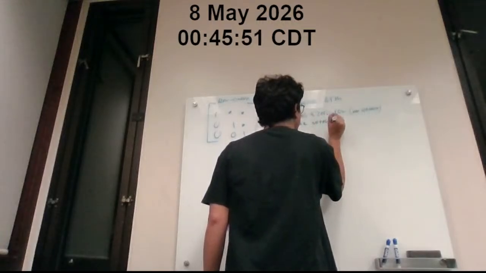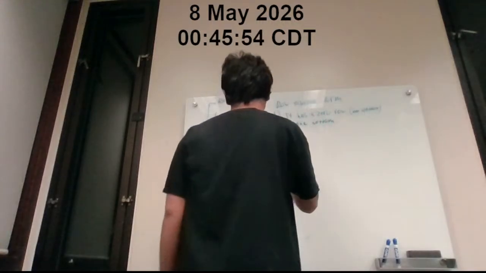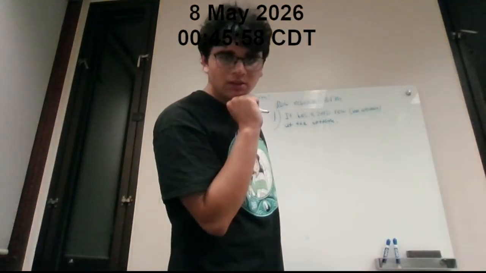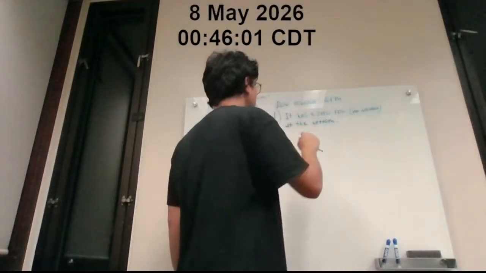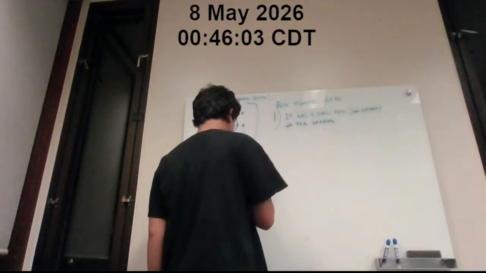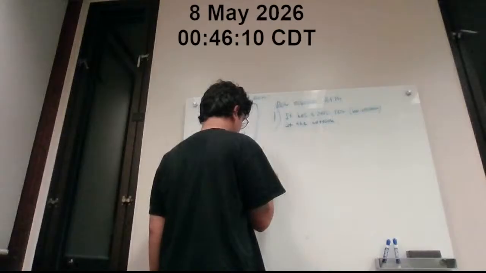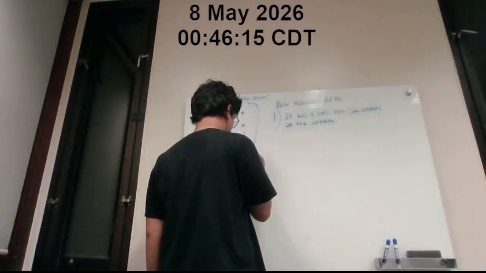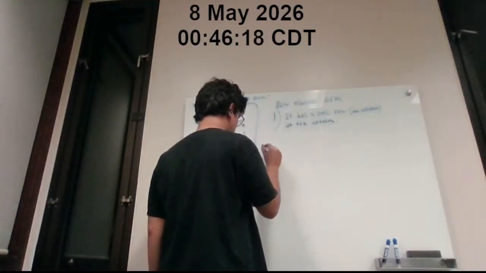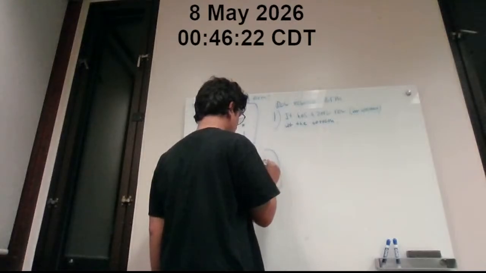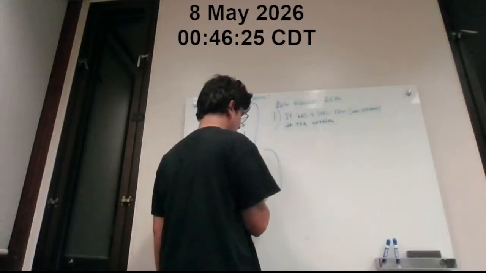So what do I mean by this? A 0 row would just look something like this. Say this is this row, but you have an additional row at the bottom. These would be all zeros right down here, okay?